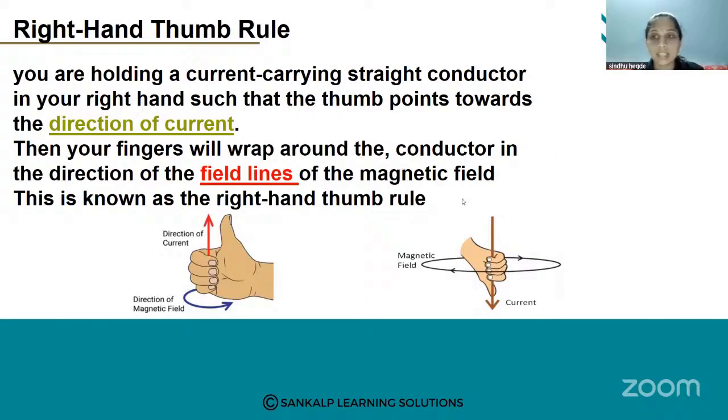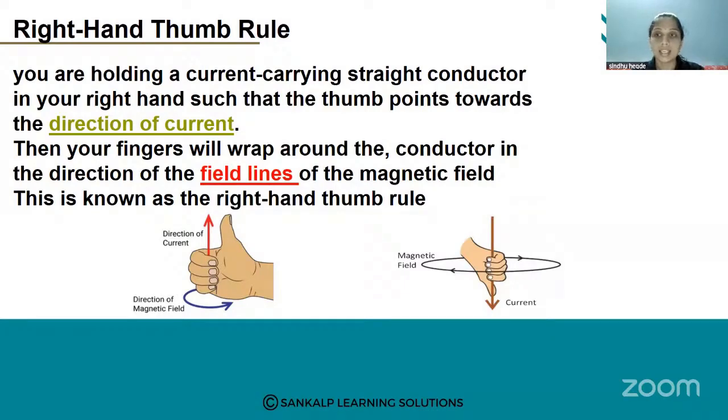What does the right hand thumb rule say? Its statement is very, very important, and when we show the direction of magnetic field lines around a straight conductor, we should apply the right hand thumb rule.